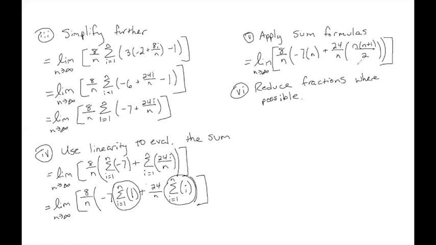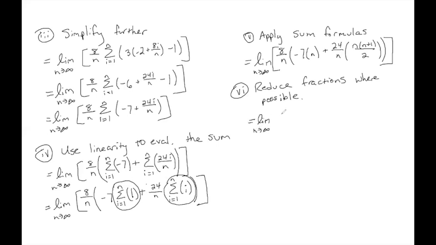I want to get this to be a form that I can work with, because right now if I plug in n goes to infinity, I have something over infinity, which is going to be 0, plus something which looks like goes to infinity. So this is an indeterminate form, in fact. This is 0 times infinity. But there's some simplification I can do in here. So let's work with that.